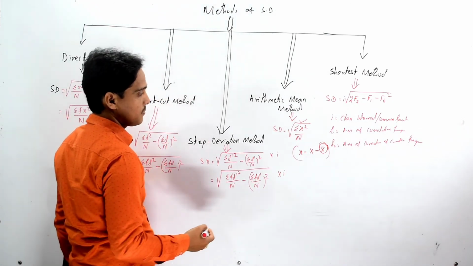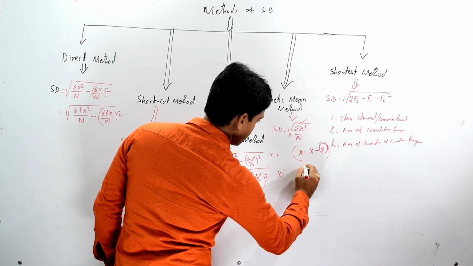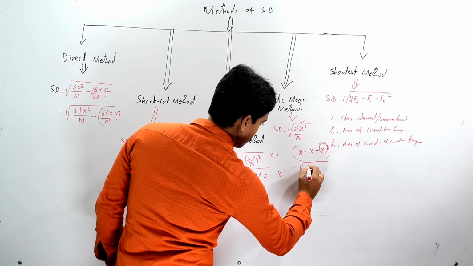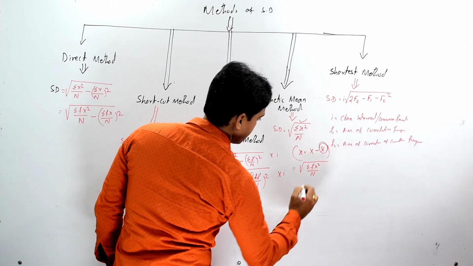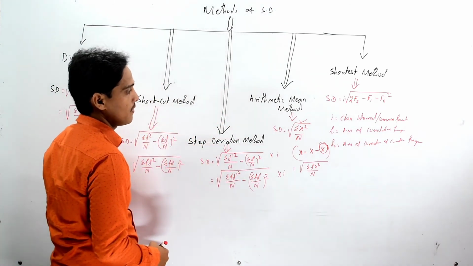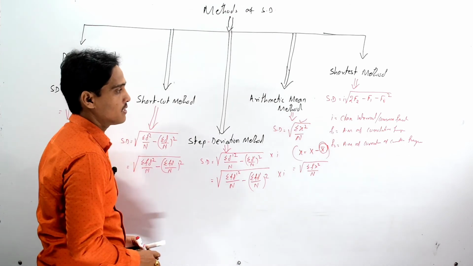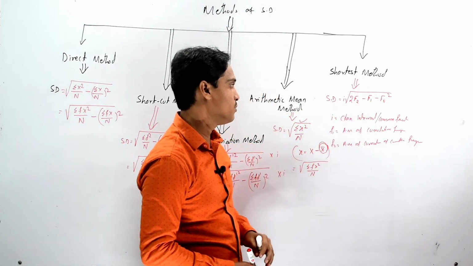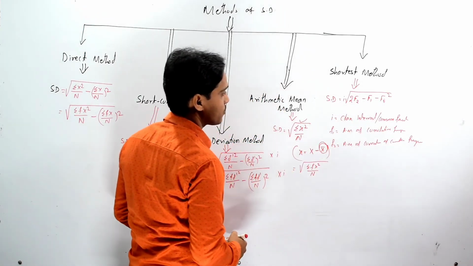And in case of discrete and continuous series we also compute the standard deviation, that is whole root of summation f x square by n, and in case of shortcut method our standard deviation is I into whole root of 2 f2 minus f1 and minus f1 square.